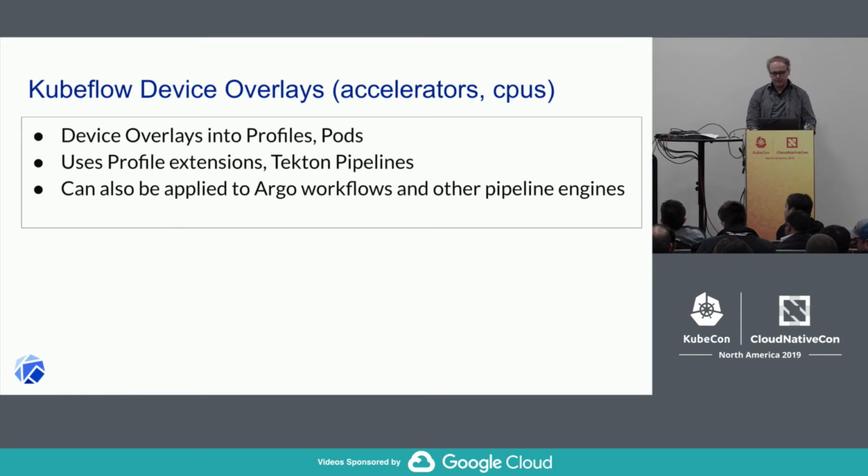If the data scientist chooses to insert a string that indicates, for example, they want their job executed on a GPU, we do not prevent that from happening. The idea here is that we provide some extensions that would allow vendors or DevOps to provide that sort of information.